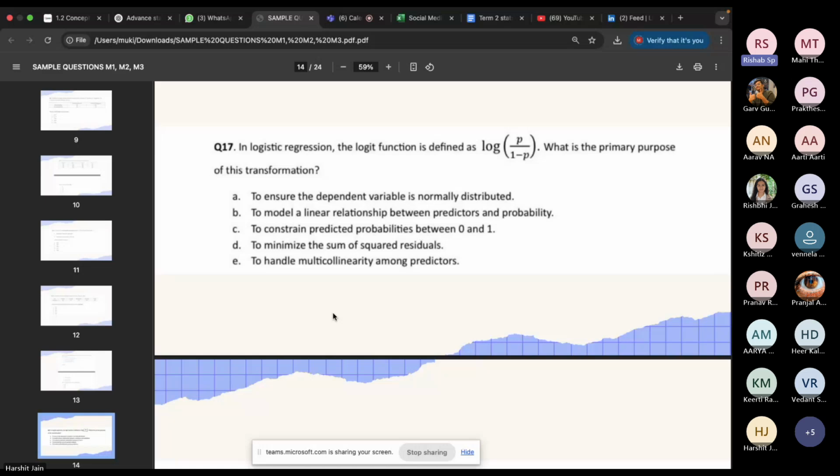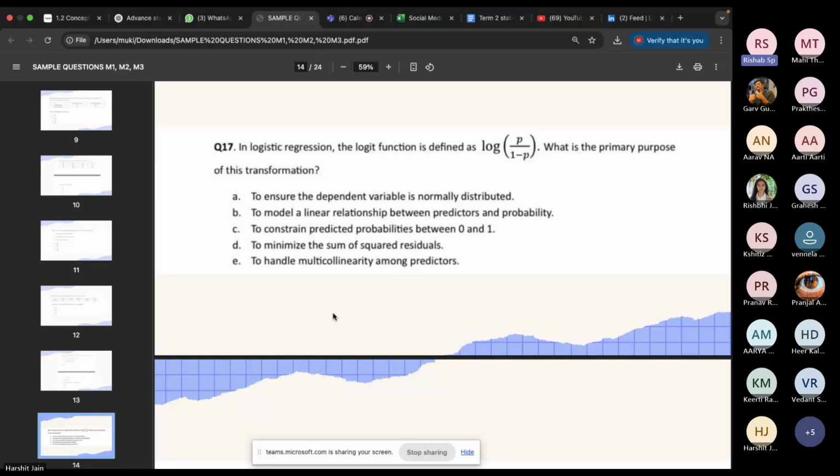So number one, we know log of p over 1 minus p is equal to the linear regression, beta 0 plus beta 1 into x1. That equation, we know the characteristic of linear regression: it can take any values from negative infinity to positive infinity. On this basis, I'm getting the answer as B, to model a linear relationship between predictors and probability.